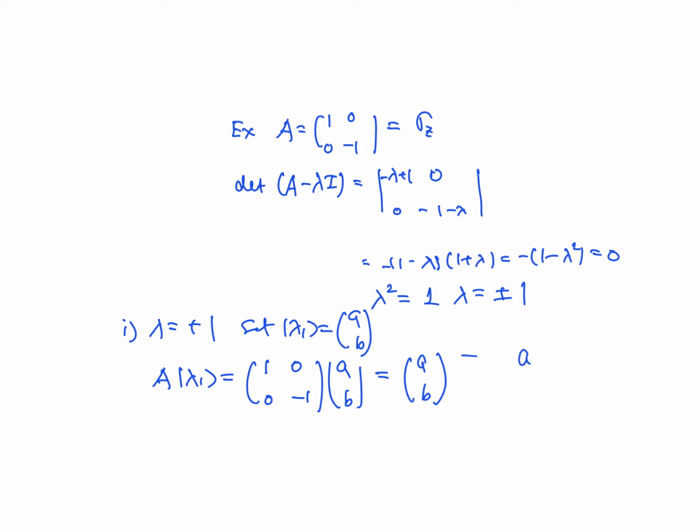So that means A is equal to A, B is equal to minus B. That means B is equal to, if some number is the same as minus of itself, what is that number? 0. Very good. So lambda 1 is (A, 0).